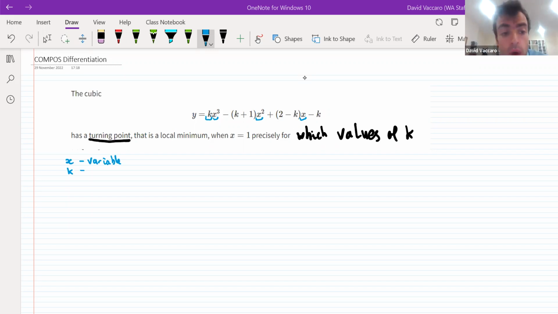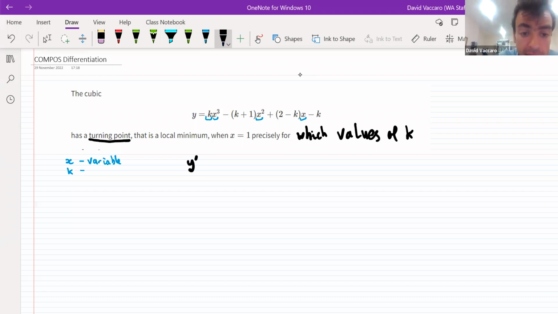Can anyone tell me the right terminology for a term like k that is a constant but can vary? Excellent. It is a parameter. Okay, so now we've identified what to do. The rest is a matter of technique.